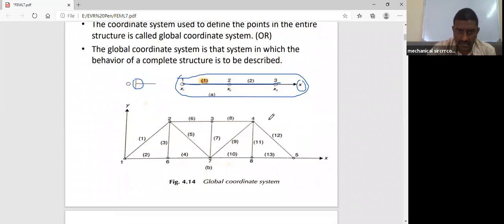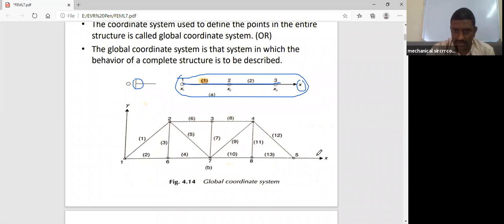This is another case. The problem domain is a plane truss structure. We assume the entire plane truss structure is in the global coordinate plane xy.